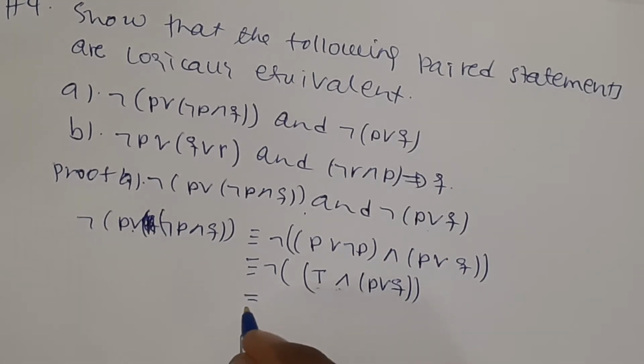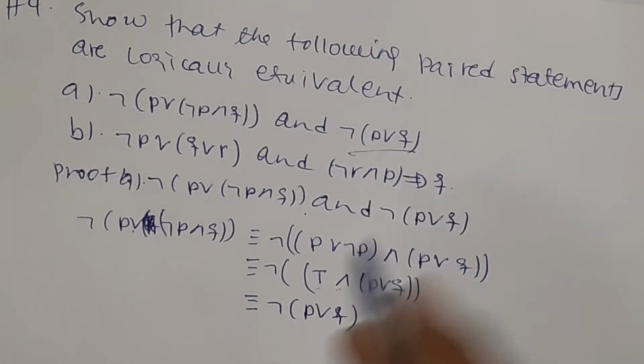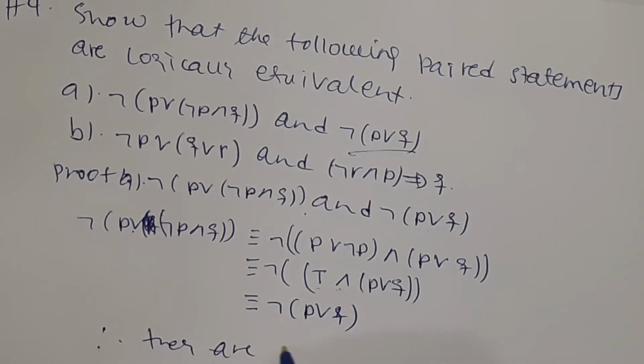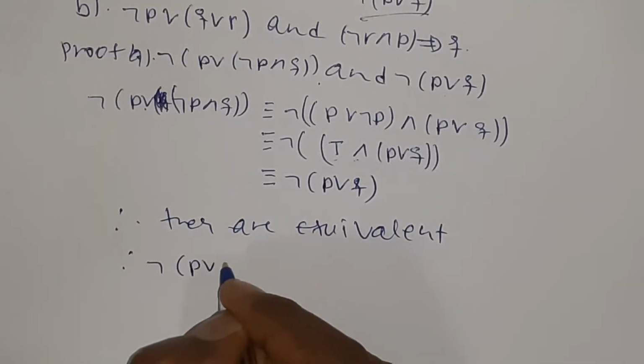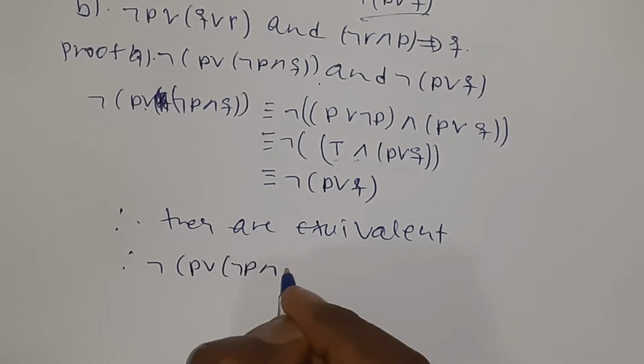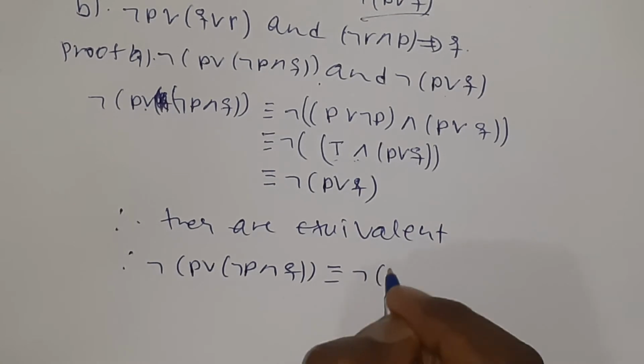Therefore, it is equivalent with the negation of P or Q, which is equivalent with this one. Therefore, they are equivalent. That is, negation of P and Q is equivalent with negation of P or Q.